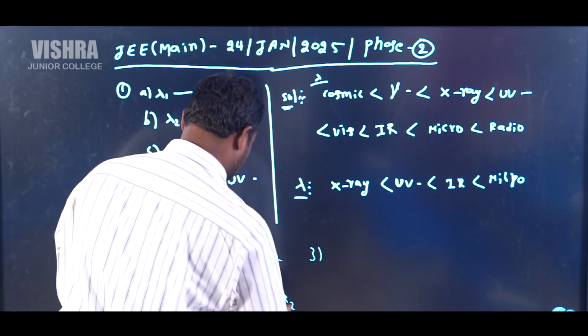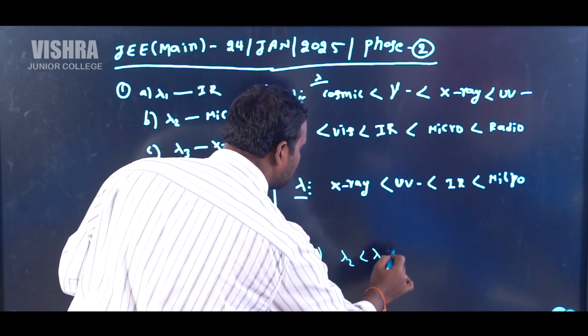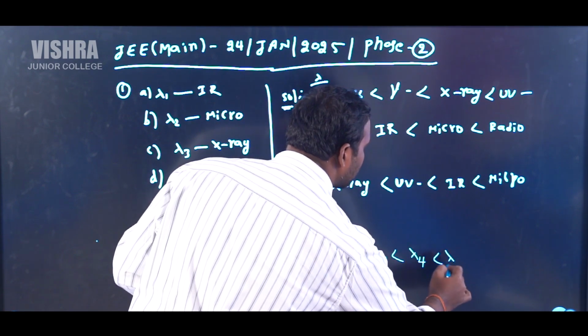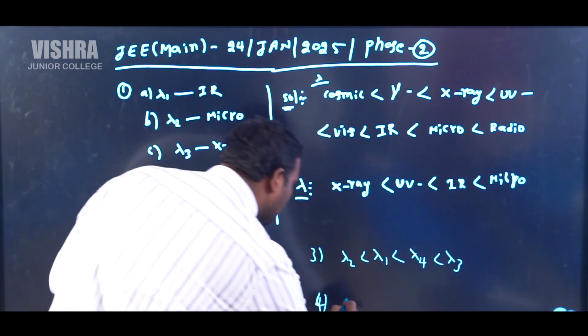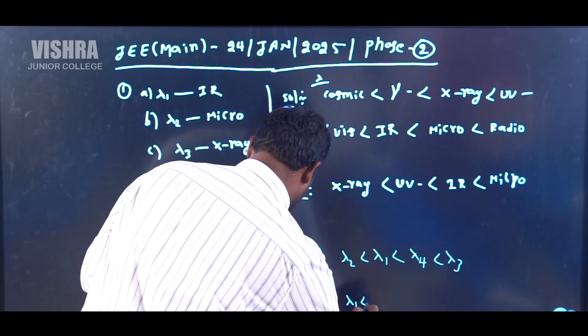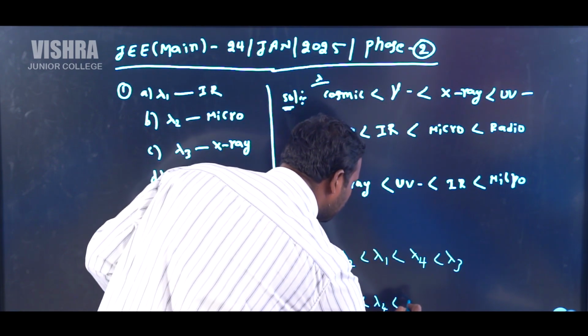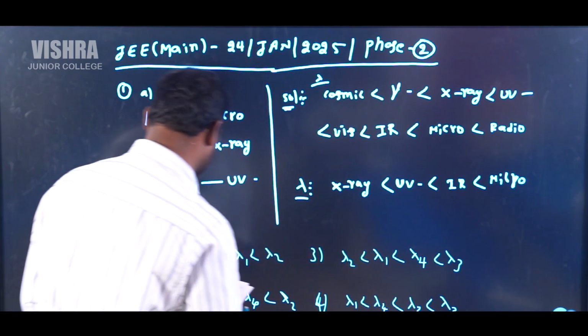Third option is lambda 2 is less than lambda 1 is less than lambda 4 is less than lambda 3. Fourth option is lambda 1 is less than lambda 4 is less than lambda 2 is less than lambda 3. So which one is the correct option in this case?